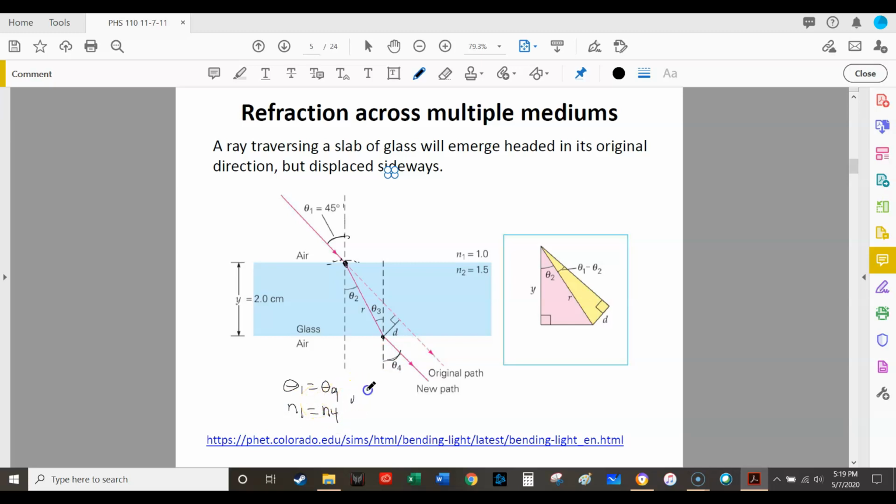And if theta 2 is equal to theta 3, which it should be, then that means n2 is equal to n2. That's kind of silly, but that means the index of refraction is the same.